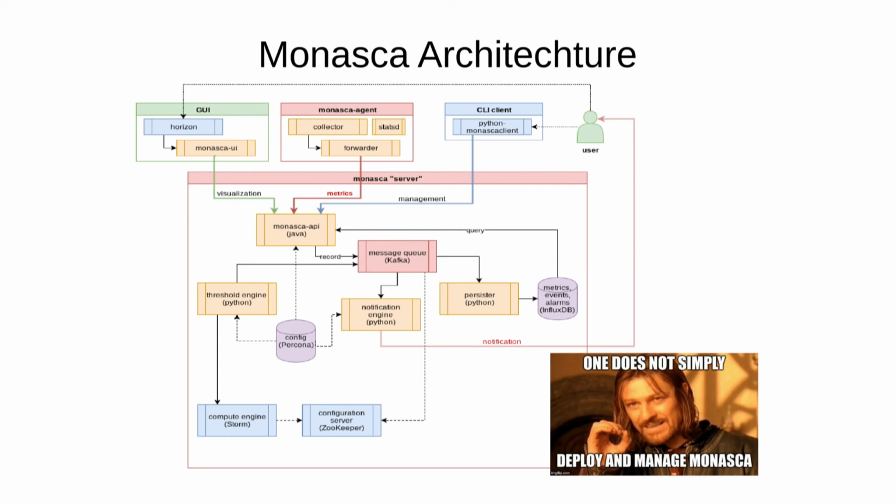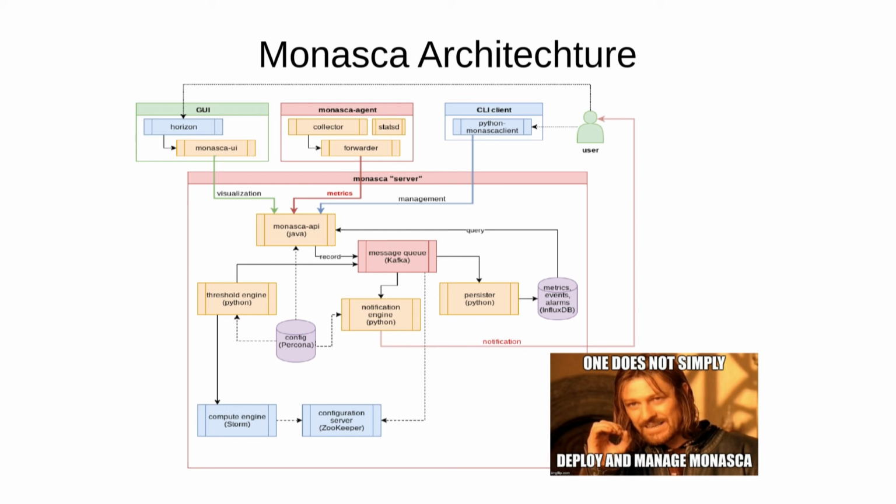So this is the Monasca architecture, and I must give credit to Tamás Gércei, who volunteered as a tribute. He is one of our former students who went through hell to be able to deploy Monasca, and as you can see, Monasca itself is using many, many different agents and software parts to work properly.